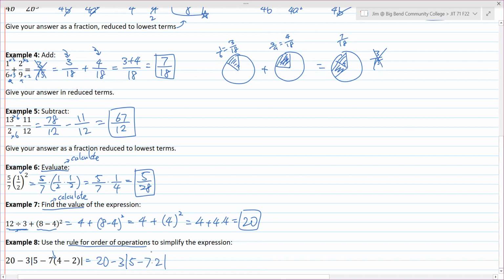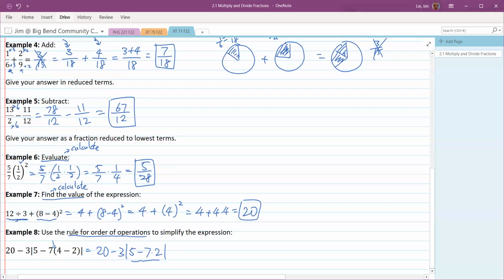Once you get it done, you can remove the parentheses. Next, we have to take care of the expression inside the absolute value sign. Now, let me show you step by step again. Maybe a highlighter will help. So we have that portion inside the parentheses, and we take care of that calculation.